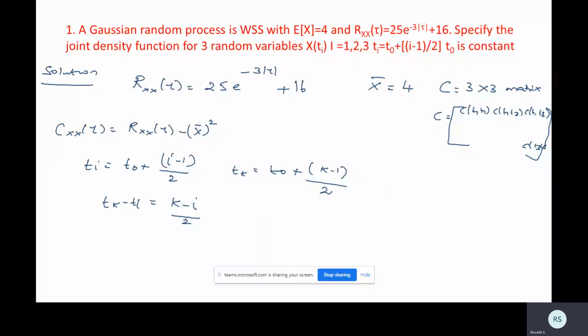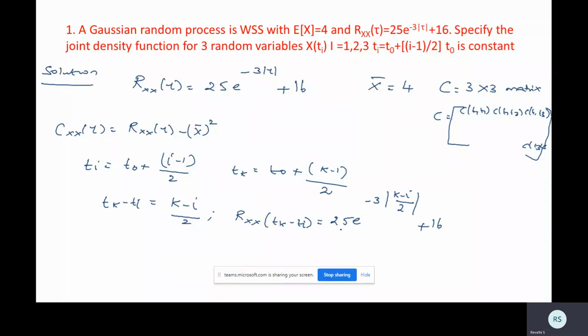Now you need to find Rxx of Tk minus Ti. Rxx of tau is given like this, so in the place of tau you write (k minus i) by 2. So it is 25 times e power minus 3 modulus of (k minus i) divided by 2, which is the time difference you have got, plus 16.